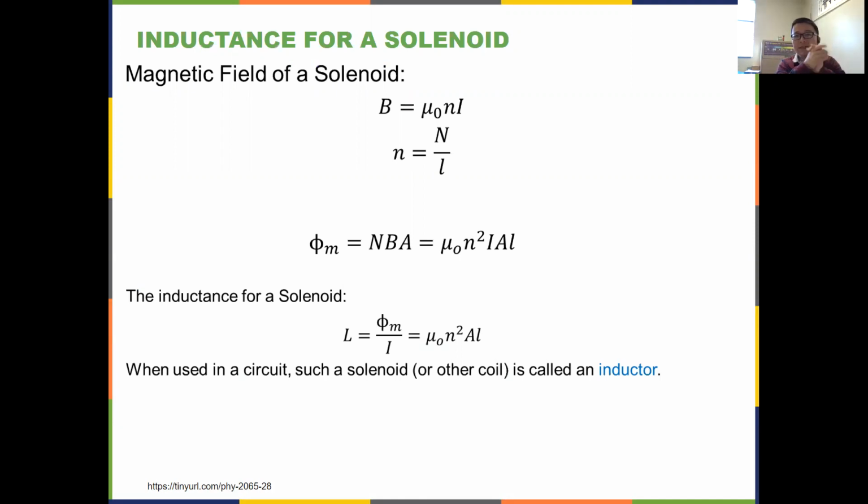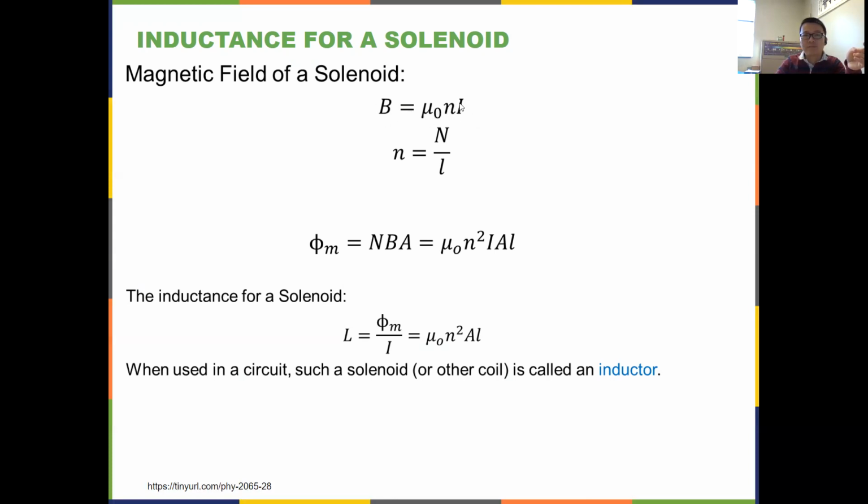Once you turn on the switch, the current goes from 0 to a certain value I some time later. So we can look at the whole process from 0 to the final value I. The B field in the coil increases from 0 to this value, by the current I in the coil.